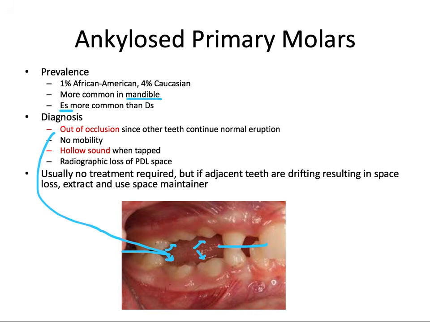Now, there are also other mechanisms of failure of eruption, so I don't want to equate that with ankylosis, but it's very possible that these teeth are histologically fused to the underlying bone and they're not erupting properly. So they're also not going to be mobile if they're ankylosed.